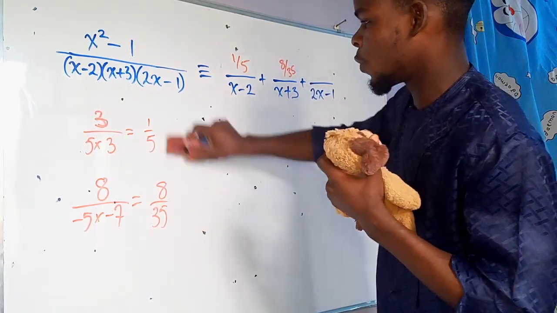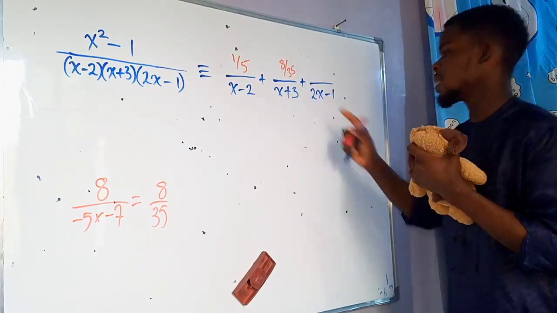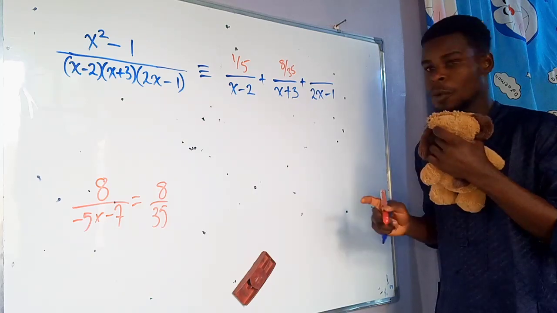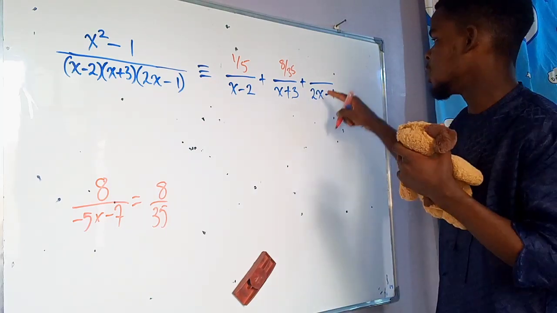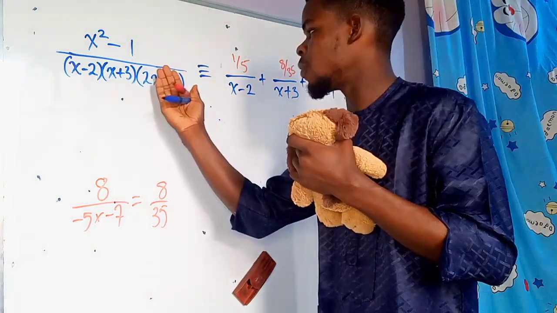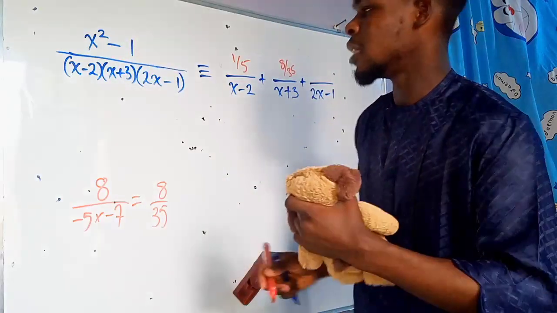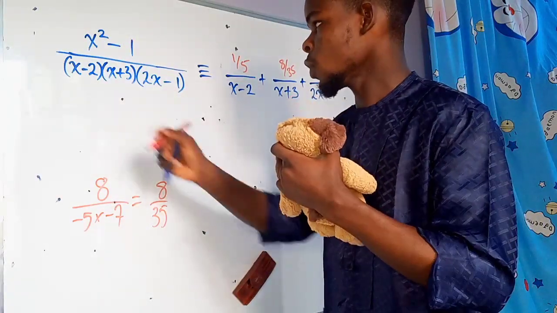And lastly, we want to figure out what the last numerator would be. So we ask ourselves, what can we substitute for x to make this become 0? Well, if x is 1/2, then this denominator will be 0. So we cover up that denominator and substitute 1/2 into the other terms, wherever you find x. So this is going to be 1/2 squared, that is 1/4.